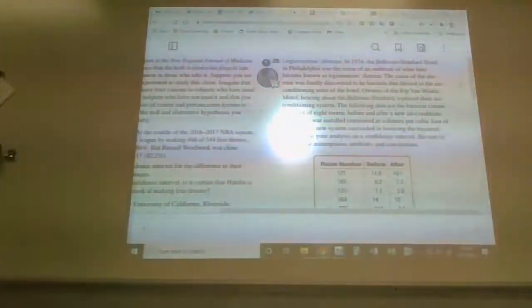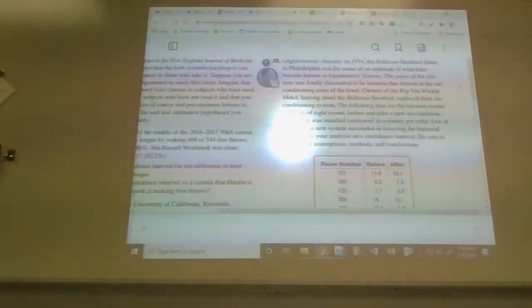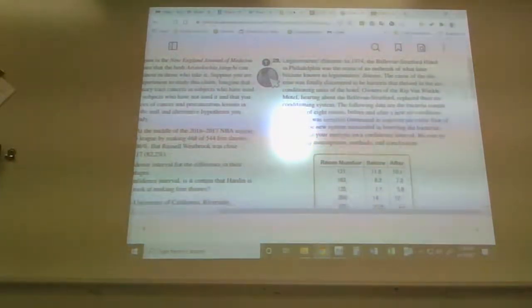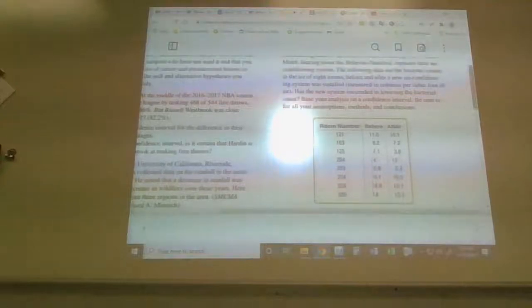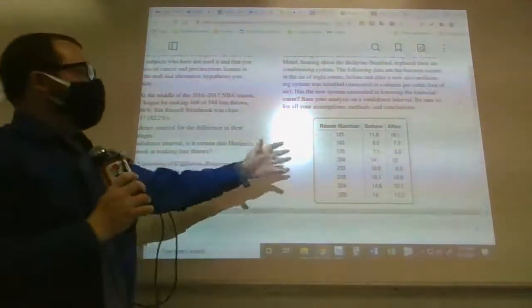There is no independence between the before and after sample because they are taking those samples from the same air conditioning units. When you have a scenario like this, where every experimental unit within the experiment is directly related to each other, it doesn't have to be the exact same air conditioning unit per se.